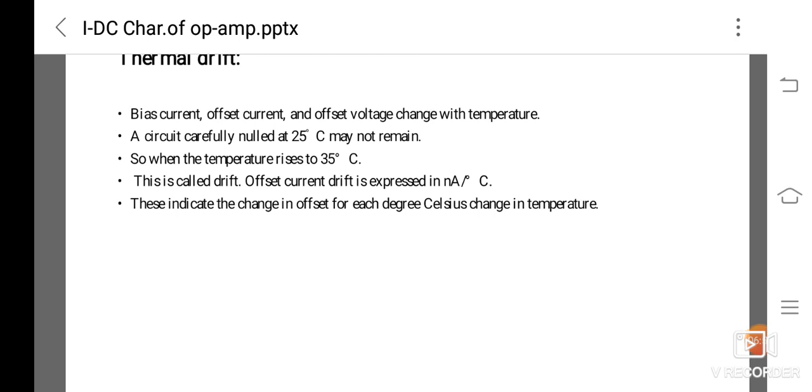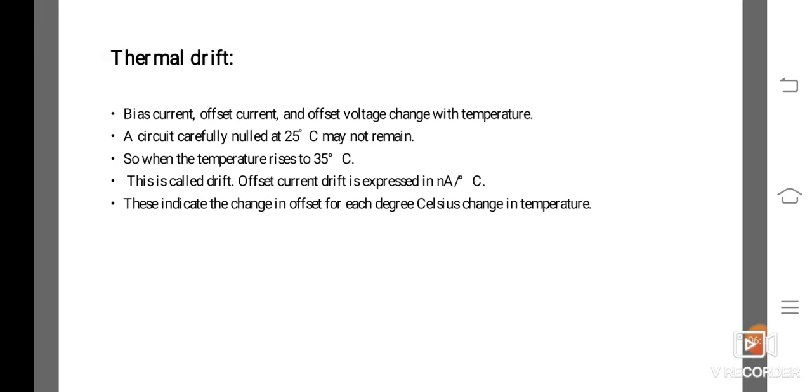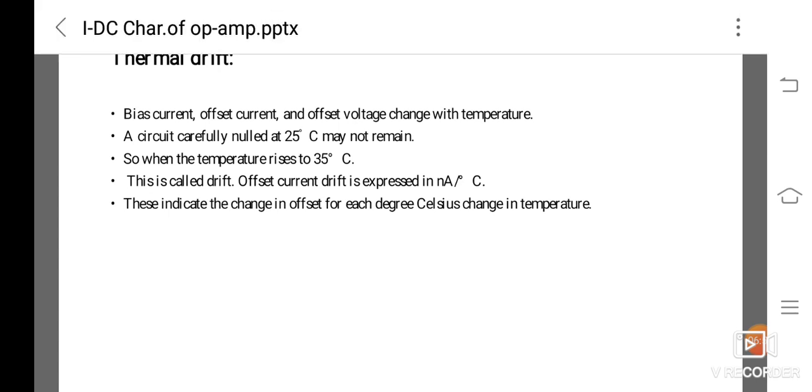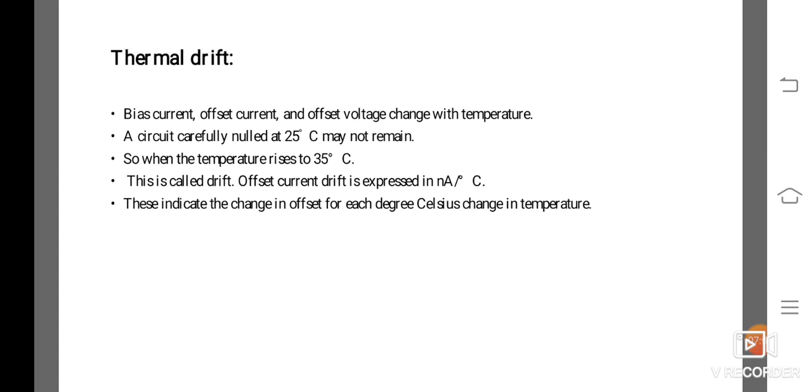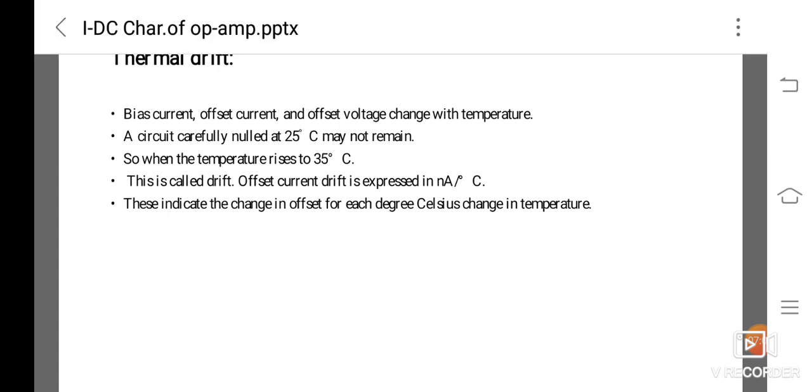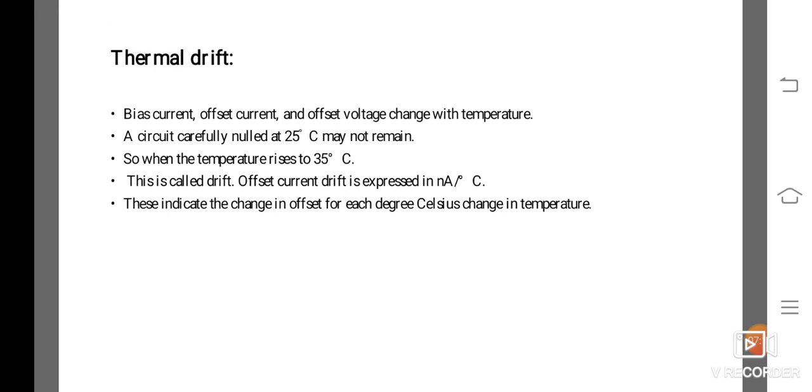And the last one is thermal drift. Thermal drift means that the bias current, offset current and offset voltage change with temperature. A circuit carefully nulled at 25 degrees Celsius may not remain nulled.